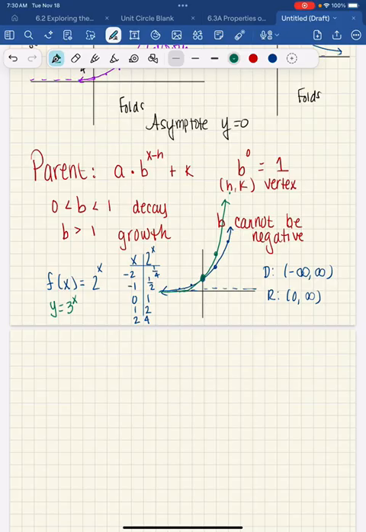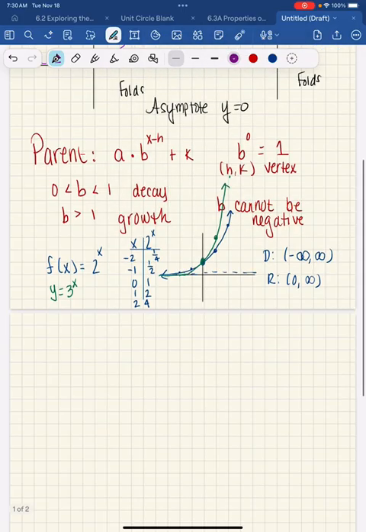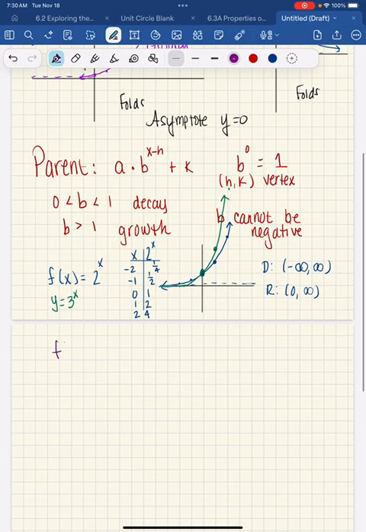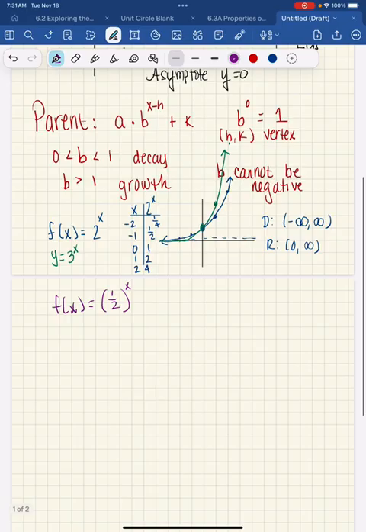Okay. And then on the flip side, decay is going the other direction. So if I did f of x equals 1/2 to the x, and I made my table of values, it's very similar to 2 to the x. And again, you did this yesterday with area. Again, I'm going to plug in some negatives and some positives.